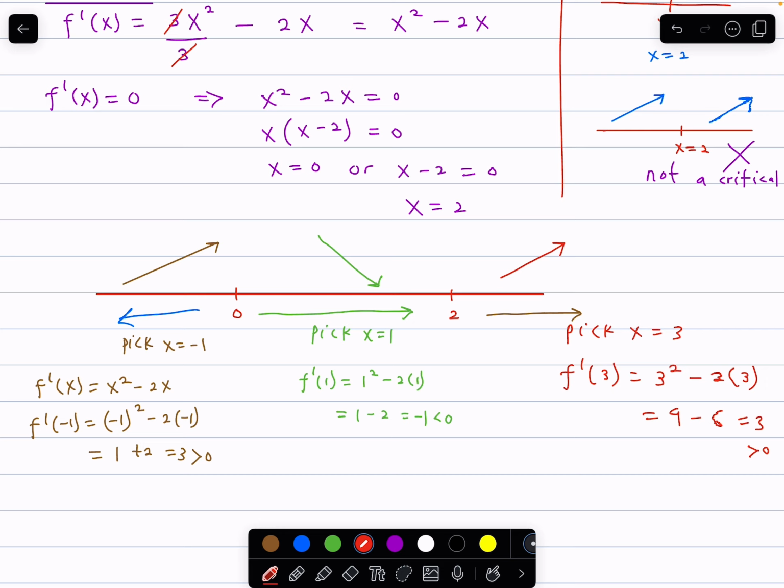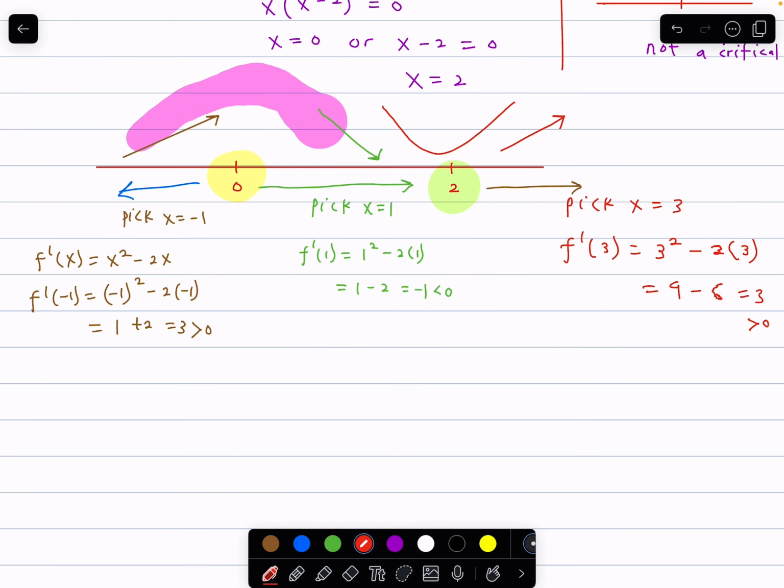Okay, so it's increasing here as well. So we can see that at this point, the function is increasing, and then it's decreasing. And at 2, the same thing doesn't happen in this case, but actually it's decreasing. Then at 2, it changes course and is increasing. So x equals 0 and x equals 2 are critical numbers.